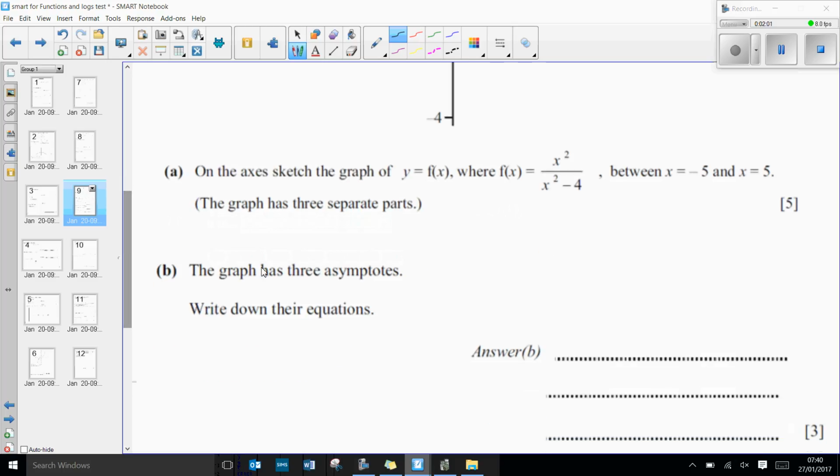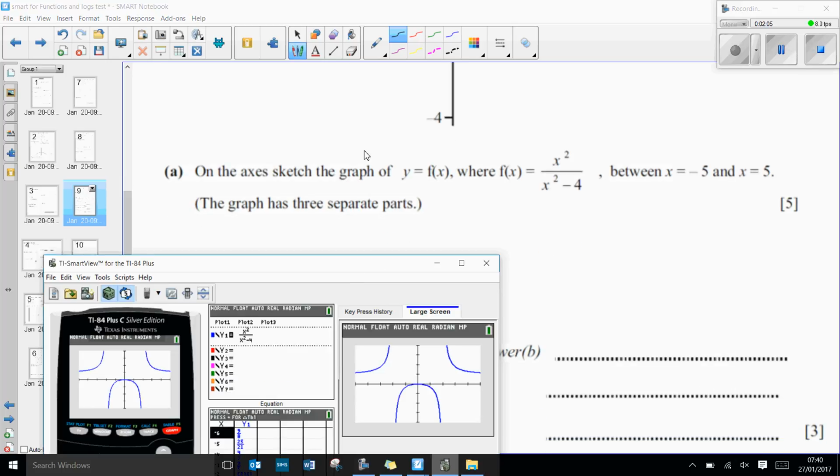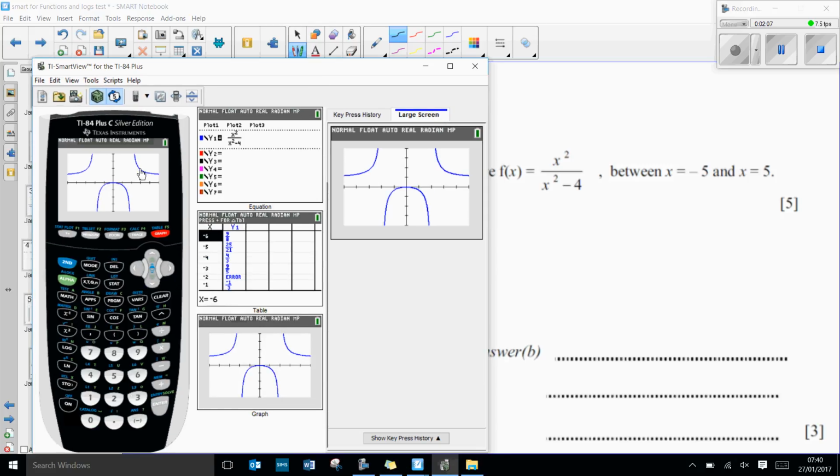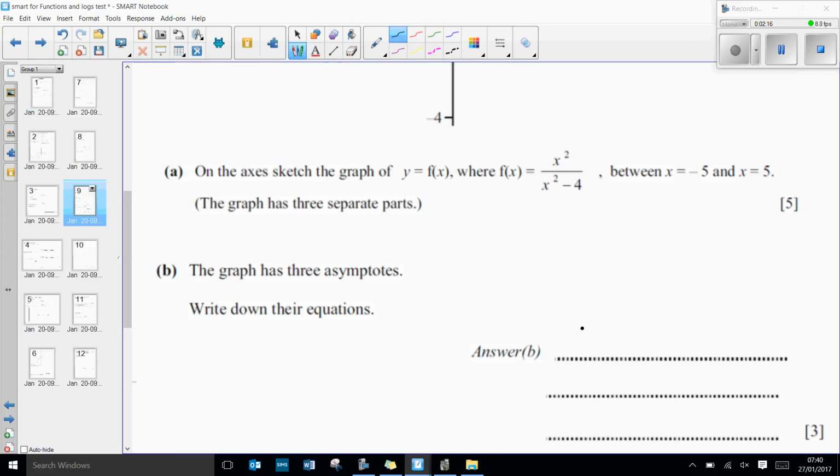So going back to looking at the graph, hopefully you can see that there's one asymptote here, and you can see clearly that that's x equals 2.